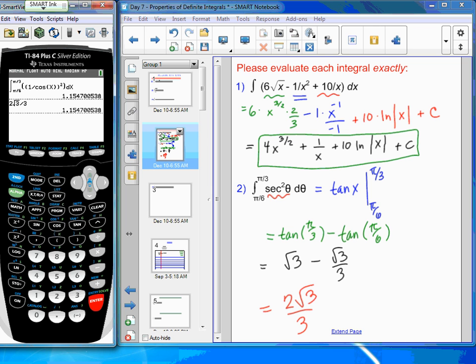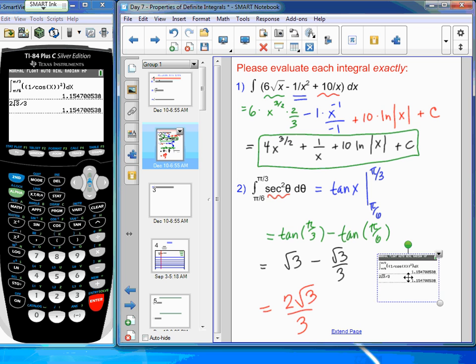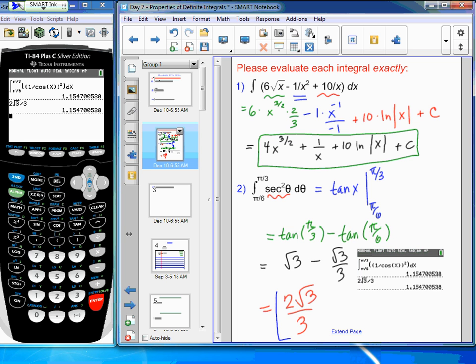Yes, math works. So exactly and algebraically, we found the value of that definite integral, and we verified it using our tech tip. We got the same decimal approximation when we use math 9. What questions do you guys have about number 2?